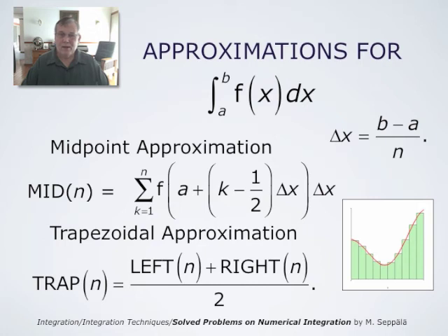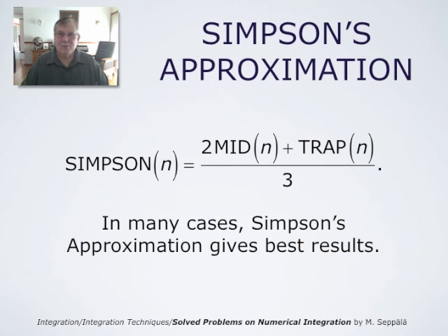The trapezoidal approximation is the average of the right and left approximations. The trapezoidal approximation has also a geometric interpretation. The Simpson approximation is in many cases the best. It is 2 times midpoint approximation plus trapezoidal approximation, divided by 3.